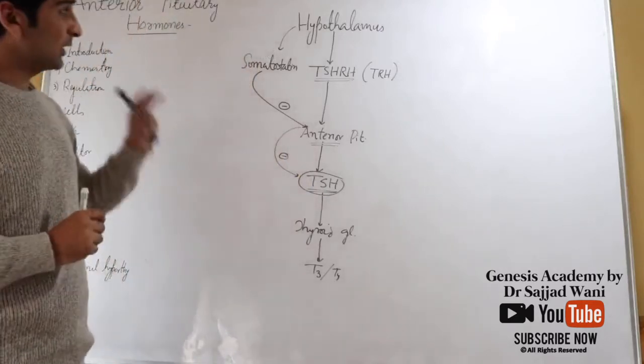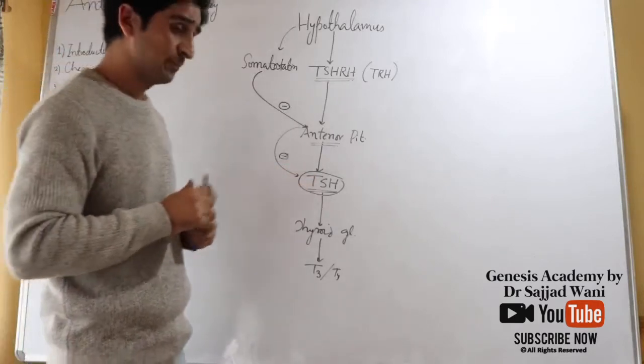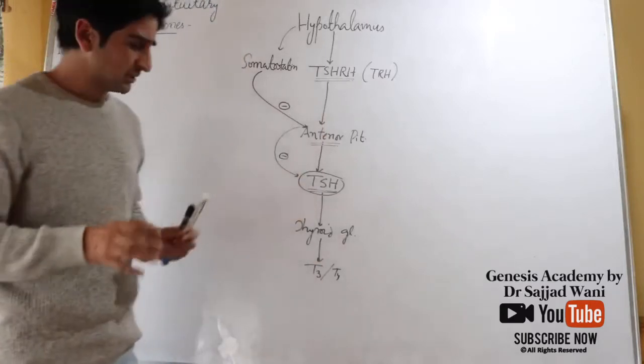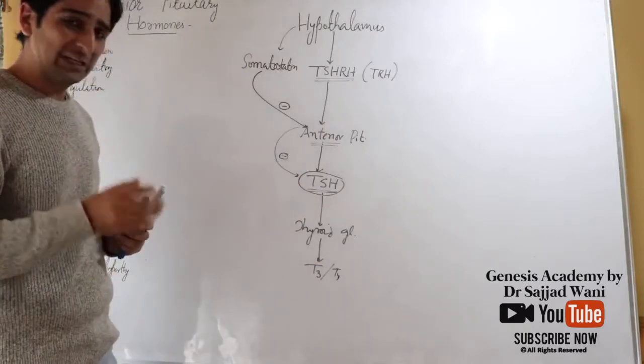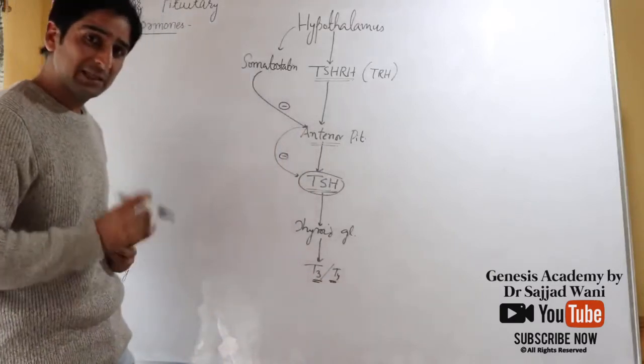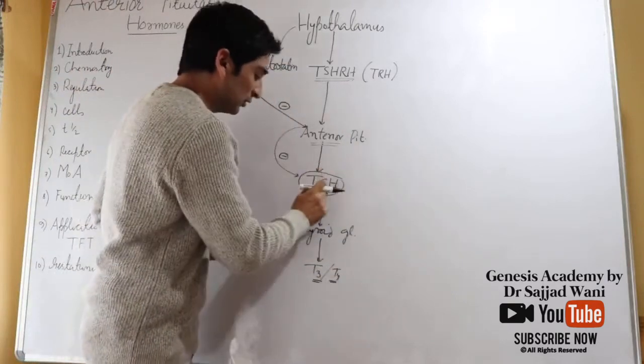There is one more regulation of this thyroid stimulating hormone, that is the negative feedback mechanism. I will make a video on the feedback later on, but first I will give you a brief idea about negative feedback. The levels of T3 and T4, the hormones from the thyroid gland, have a negative feedback on TSH.